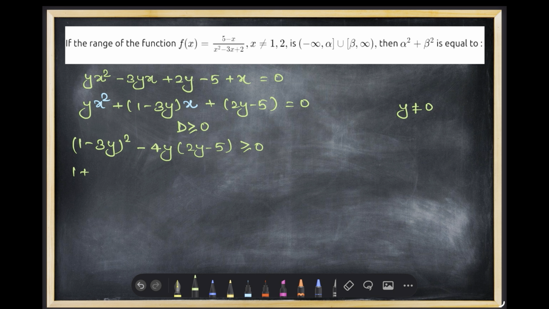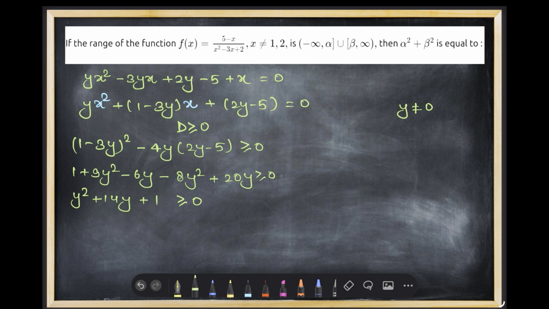So 1 minus 9y square minus 6y minus 8y square plus 20y, greater than or equal to 0. So we got y square plus 14y and then we have constant 1, sorry, greater than or equal to 0.